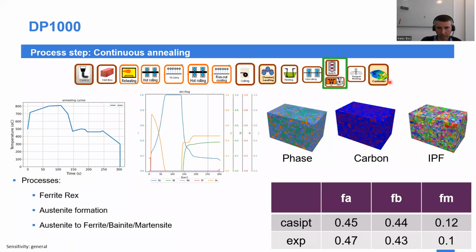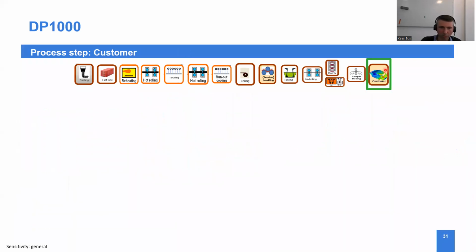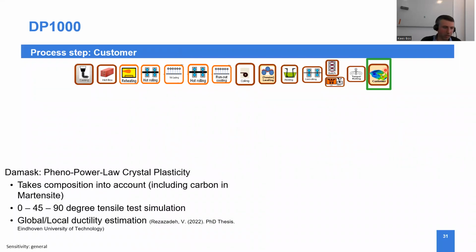And of course, the next step is to reach the mechanical properties. And this we do in Damask, where mainly we use the phenomenological crystal plasticity, but we made a few important tweaks: we are able to take the composition into account by changing the hardening parameters more or less automatically, which means that if you add manganese, you do want your ferrite to become stronger.